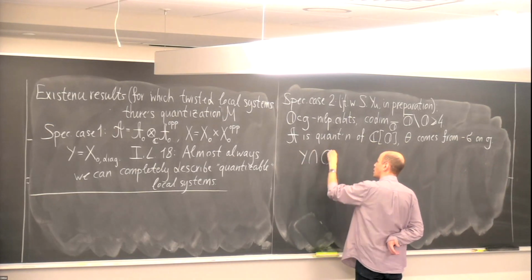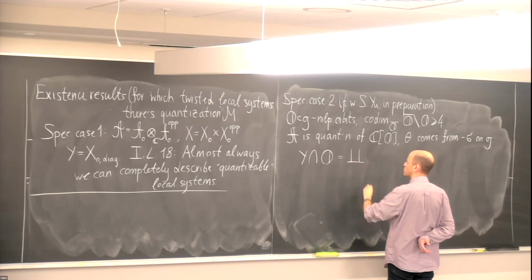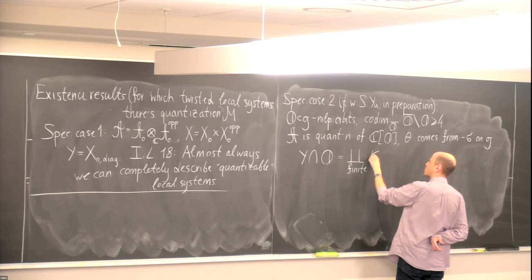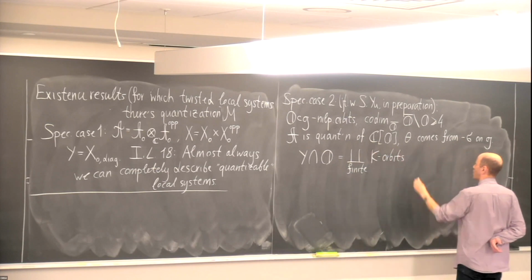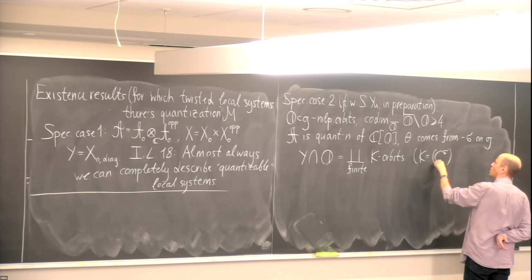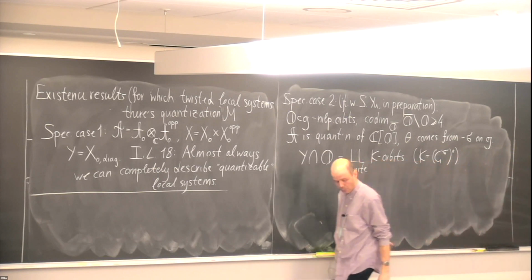So then, if I intersect Y with O, it's classically known I get a disjoint union of orbits of K. So this capital K is the connected component of fixed points of sigma in G, the symmetric subgroup.